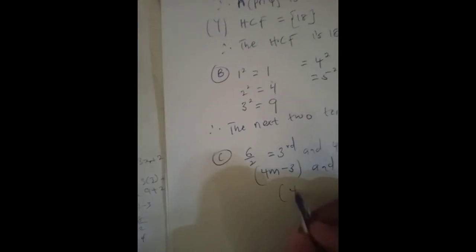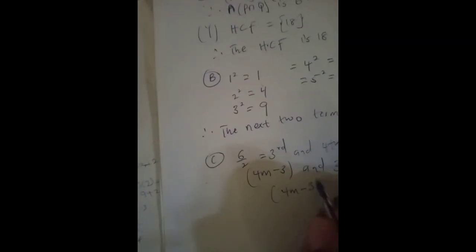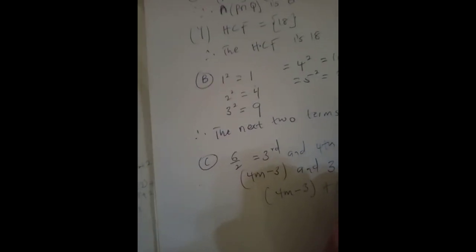Now we're not yet done. Because there are 2 numbers, we have to add them and divide by 2. In the question, they said the median of the observations in ascending order is 6.